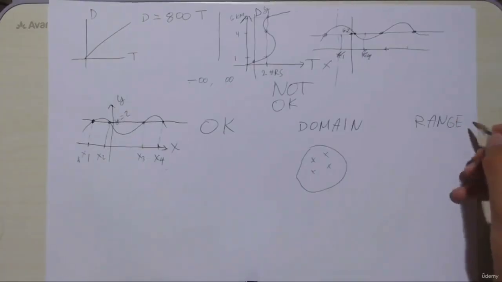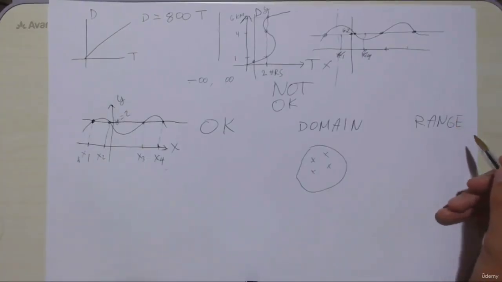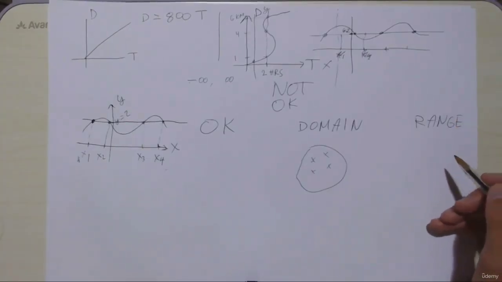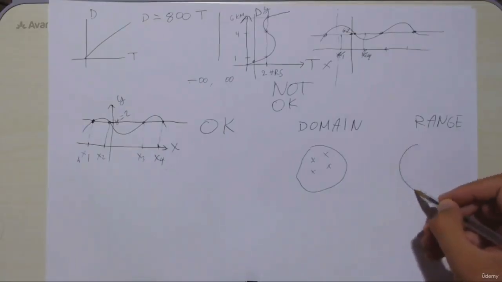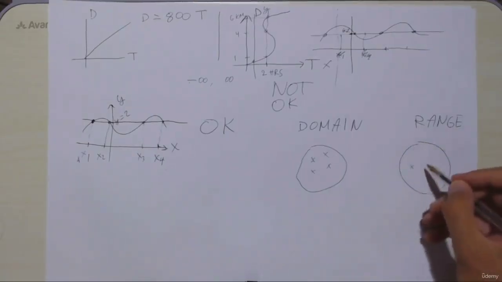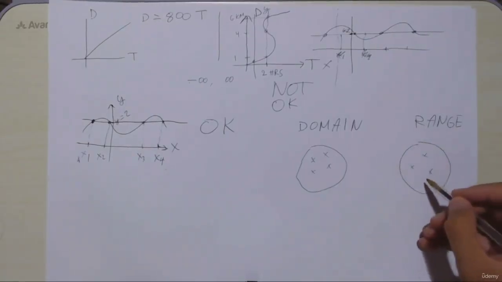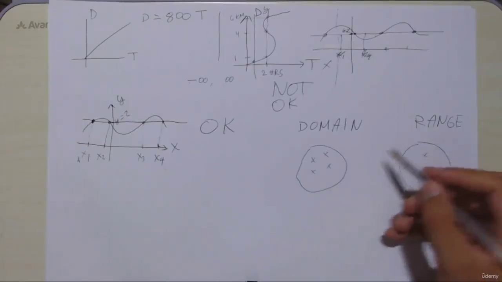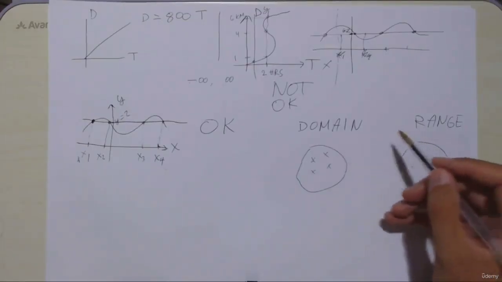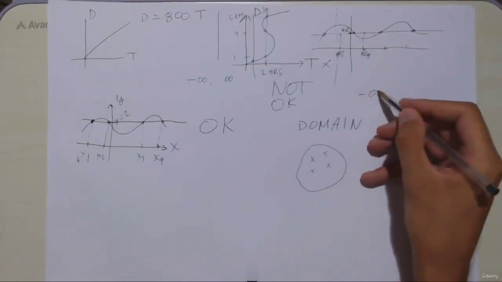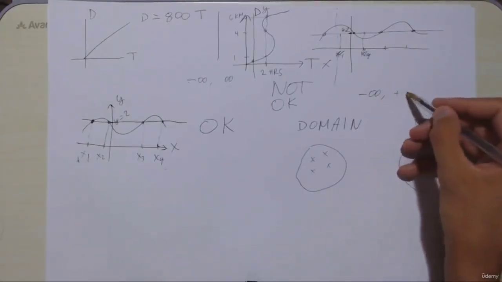Range is all the possible outputs, or in our case y's, that you can have. And let's say that you have certain y's here.